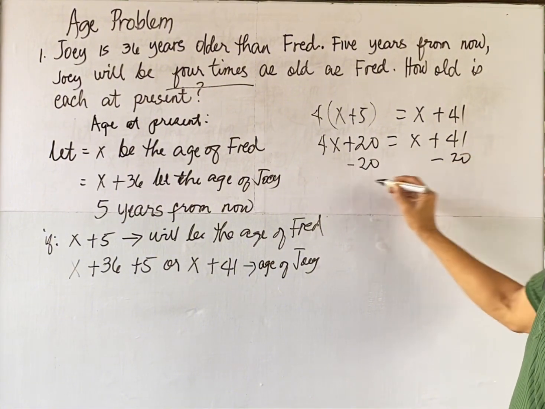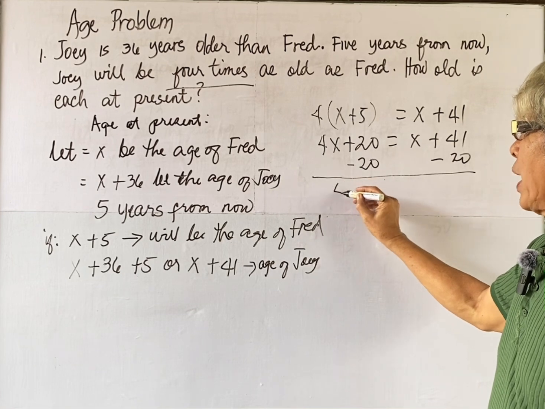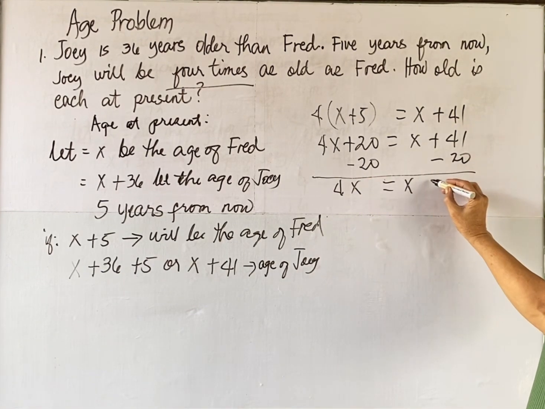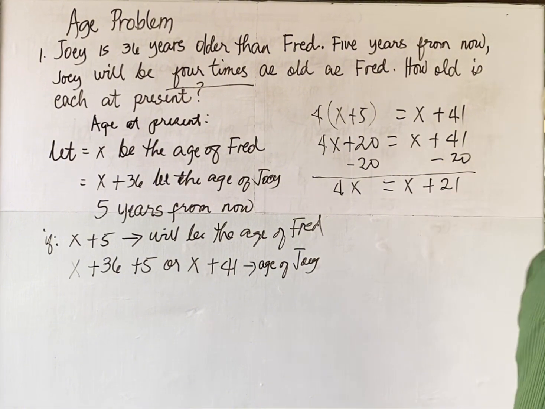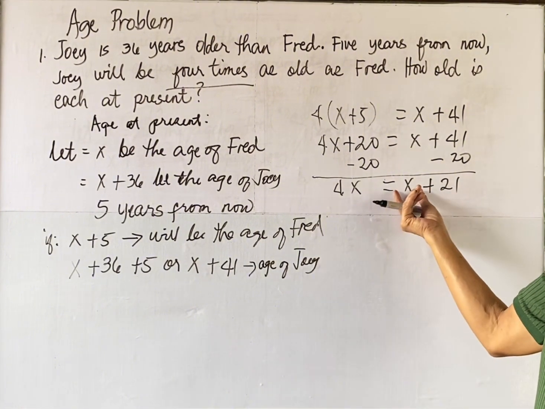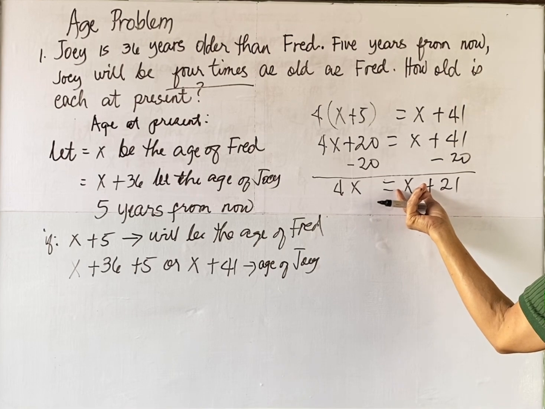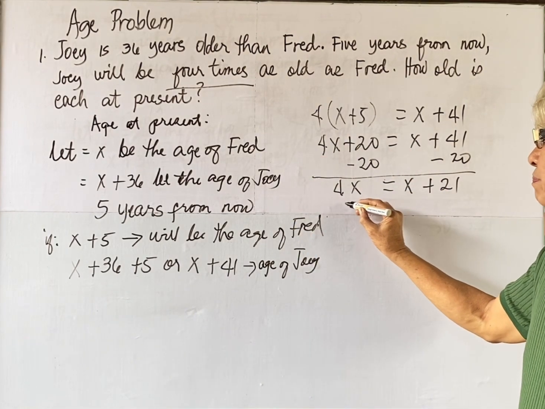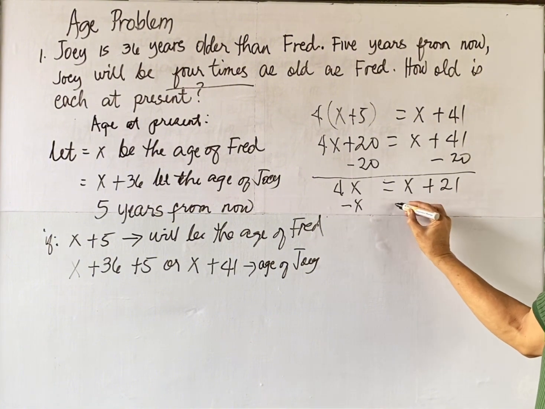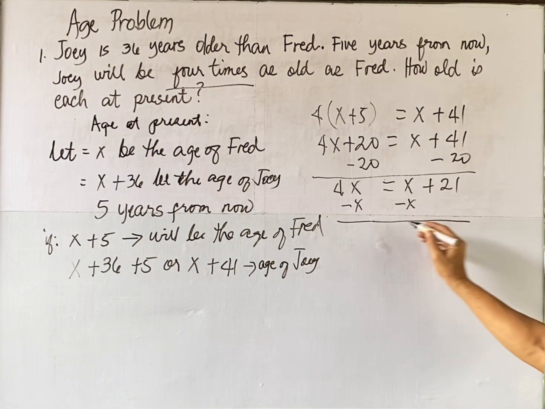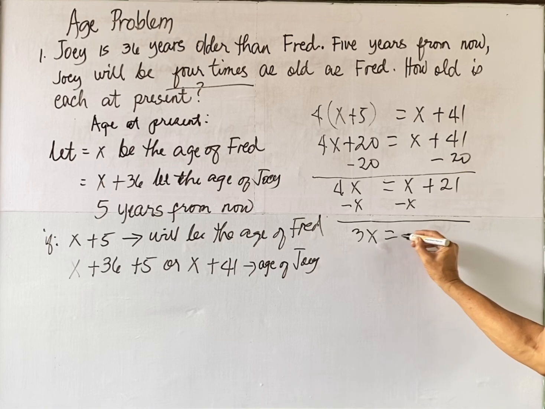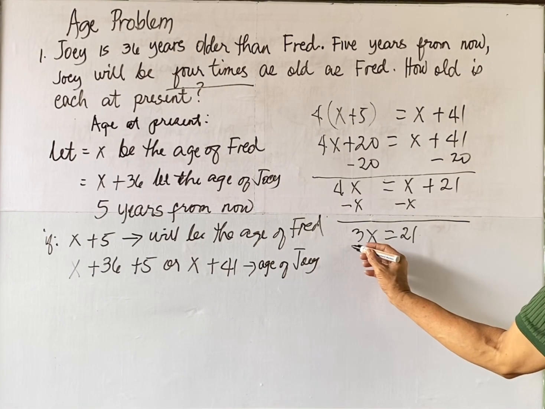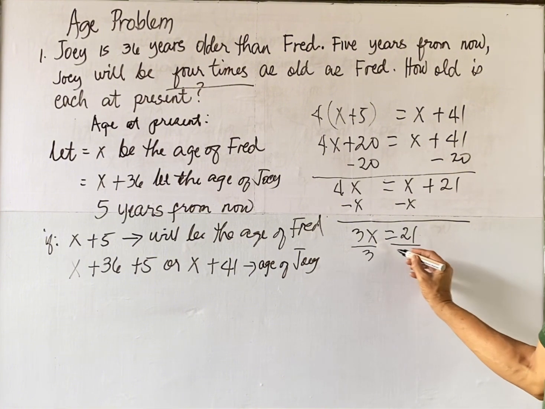So that will be 4x equals x plus 21. Let us eliminate x or transpose it to the other side. So that will be minus x, and that will be 3x equals 21. We can cancel the coefficient by dividing both sides by 3.